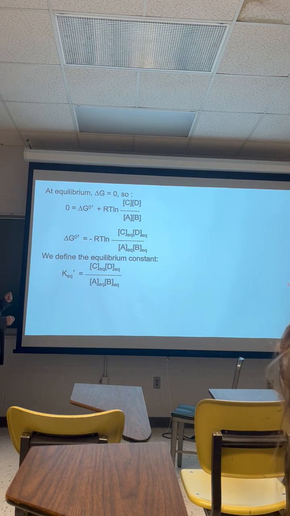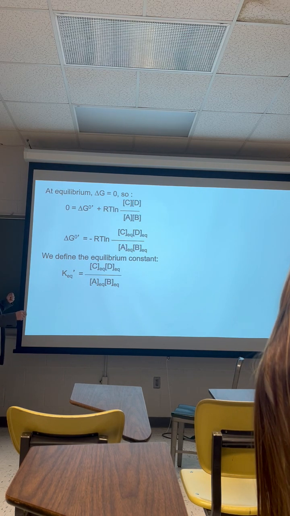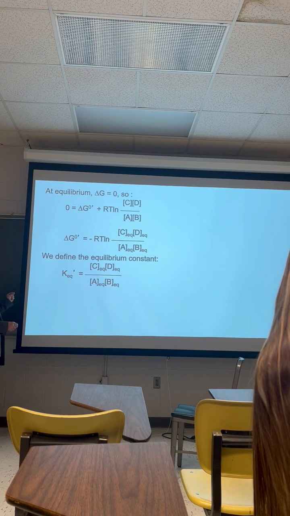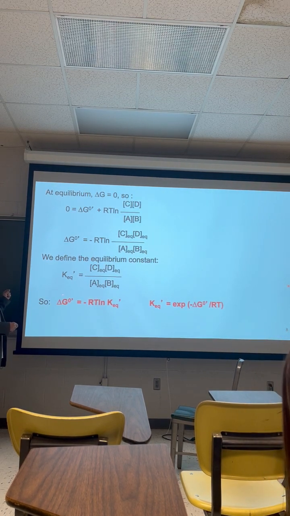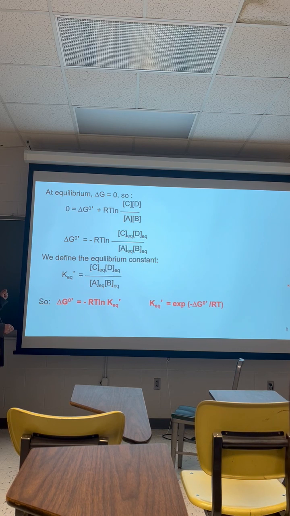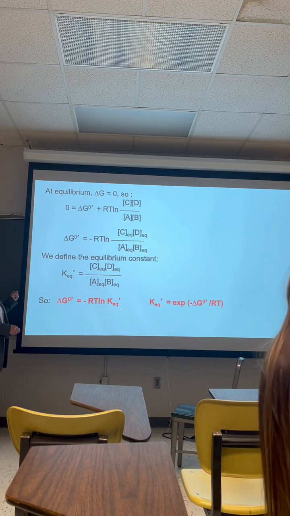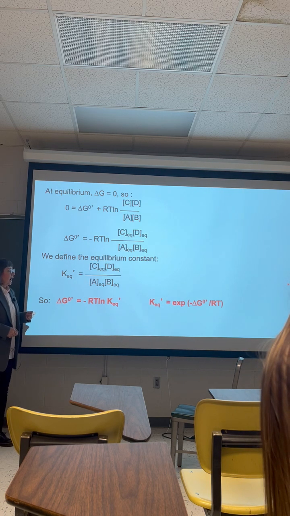Now, I can define the equilibrium constant as this ratio: C times D divided by the concentrations of A and B at equilibrium. This is my equilibrium constant, by definition. So delta G0 prime equals negative RT natural logarithm of the equilibrium constant. Prime because it is at pH 7.